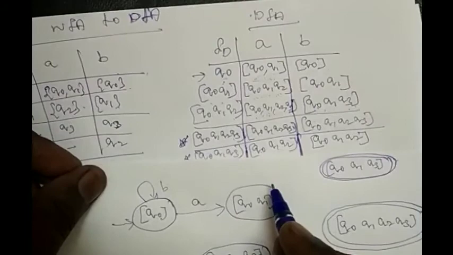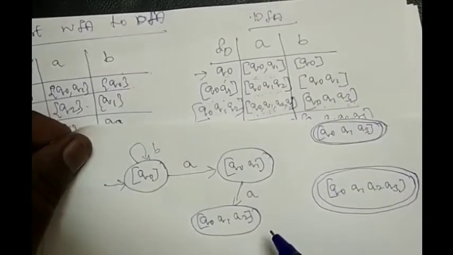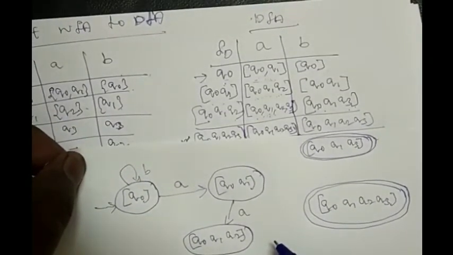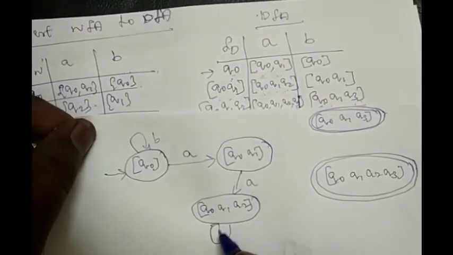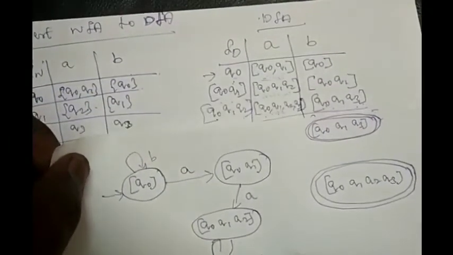In Q0, Q1, when I apply A, it goes to Q0, Q1 and Q2, so I just draw A here. When I apply B, in Q0, Q1, it goes to Q0, Q1 itself. So I just make B here. Okay, B has been drawn.